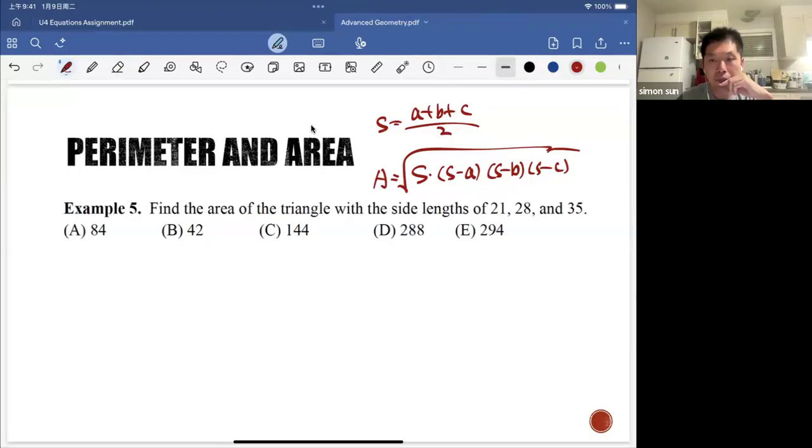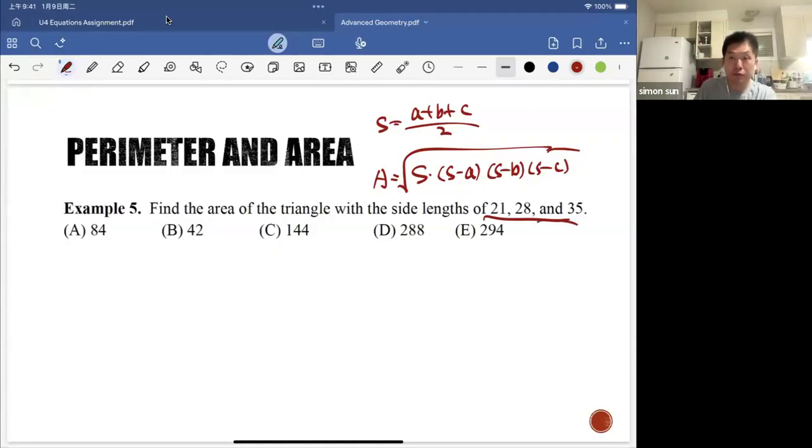We have B choice, we have E choice. Now for this one, the three side lengths are given: 21, 28, and 35. First, it's not like the normal right triangle such as 3, 4, and 5.